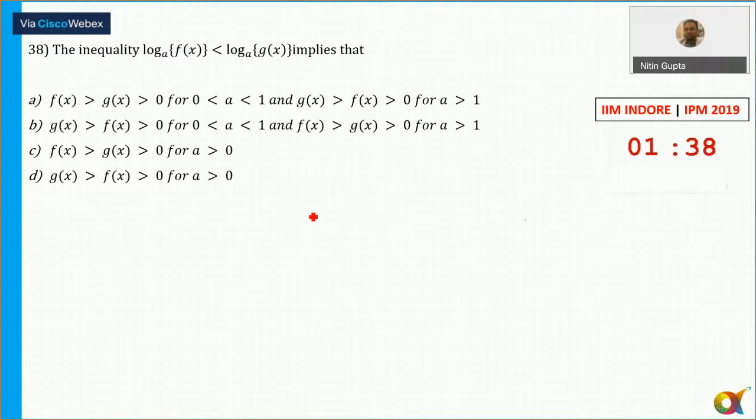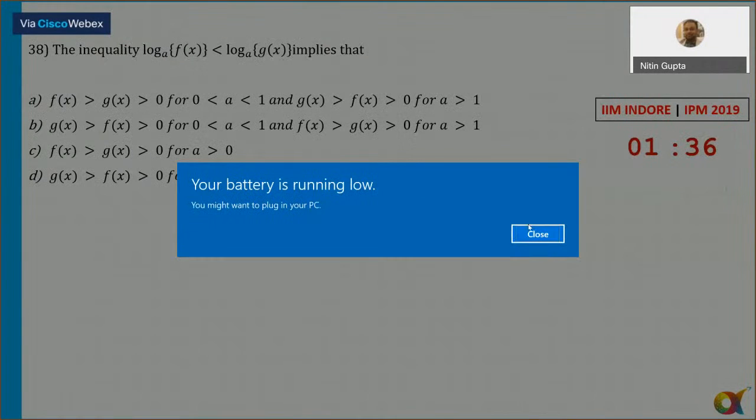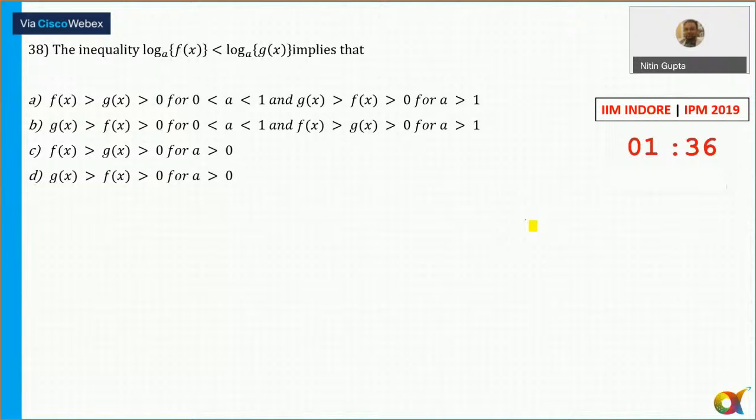Now we option A, Tanya. Okay. The correct answer is definitely option number A. Now we know that in logarithmic inequalities, if my base lies in the range 0 to 1, there is a change in sign.